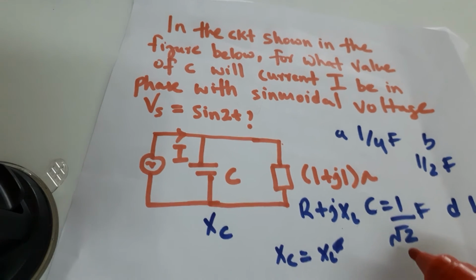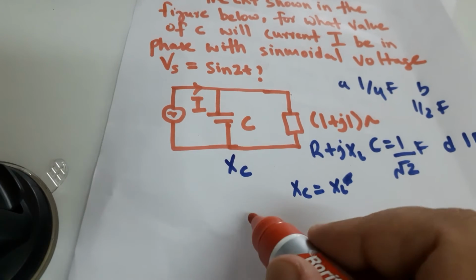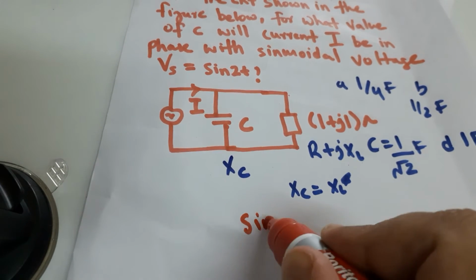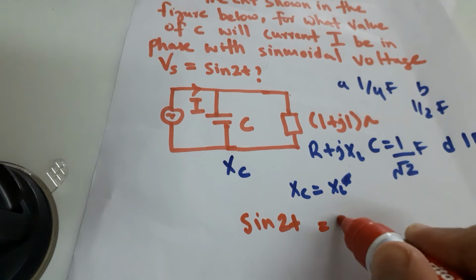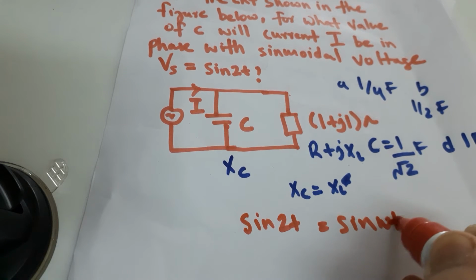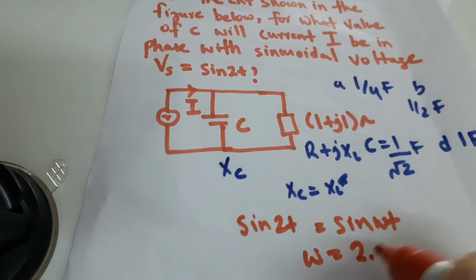One thing we clearly know is our omega value, because Vs is sin 2t, which is sin omega t. So the omega value is clear, it is 2.